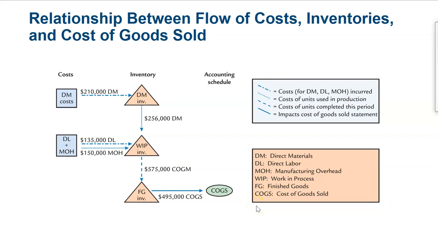The only caveat that I would issue is that if you do any kind of research on cost of goods sold, do be advised that you're going to be primarily presented with formulas based on it for a merchandiser, not for a manufacturer. Okay, but we need to understand these terms, and we need to understand what is going on, this flow of cost. If we can do that, we'll have it whipped.